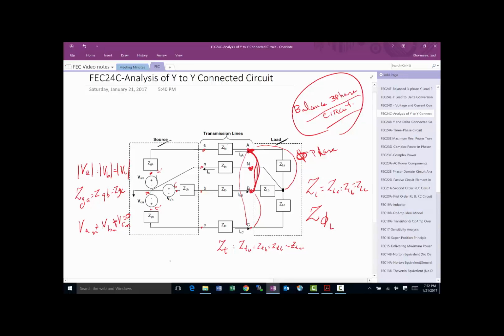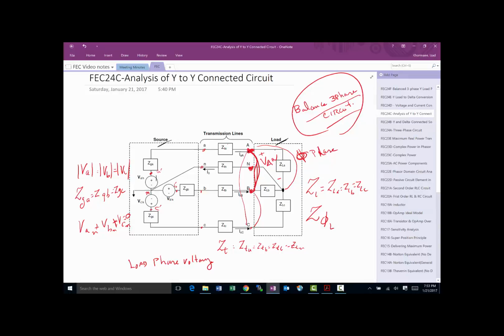We have to have a concept of a phase voltage, and usually they're thinking of, let's say, load phase voltage, and that would be, for example, VAN. They're going to have similar behavior as the source.